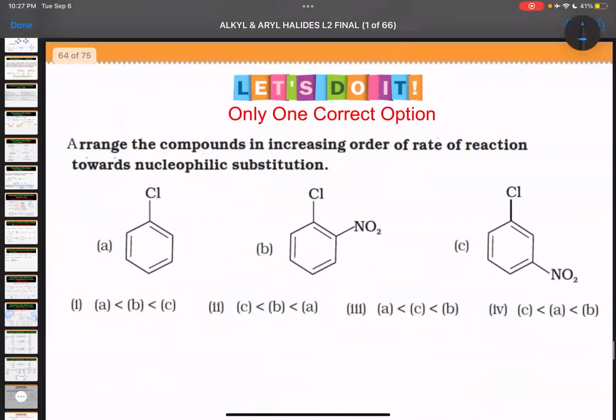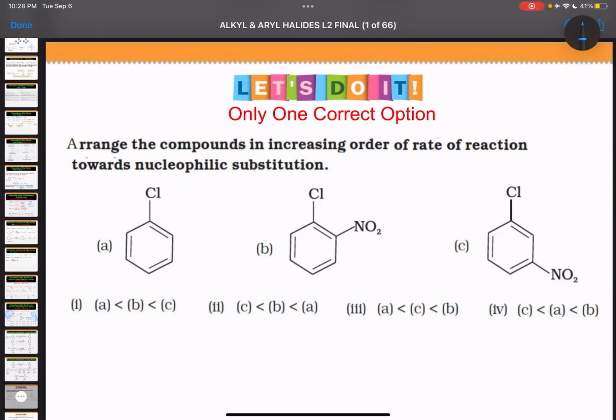Okay. So what about this one? Sir, BCA. B is going to be the fastest, then C and A. Yeah, correct.